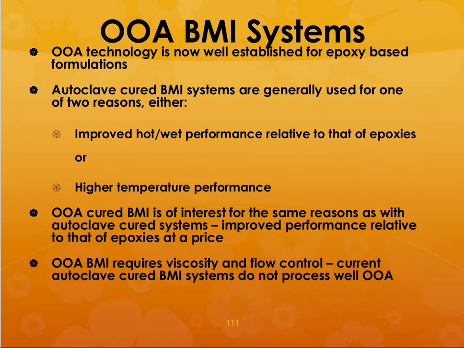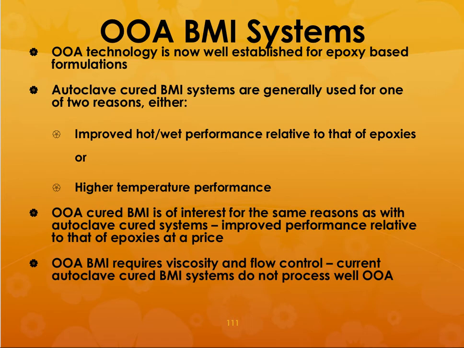Switching gears a little bit, especially if you are looking at composite material systems at elevated temperatures beyond 350 degrees Fahrenheit, you have to start using what are called BMI or bismaleimide. We talked a little bit about that in the initial lectures, and Solvay or American Composites Group also has an out-of-autoclave BMI system.